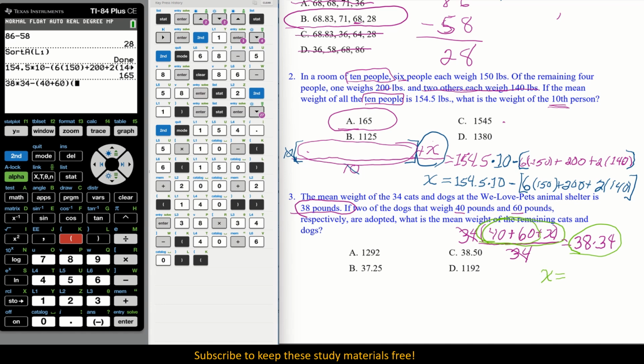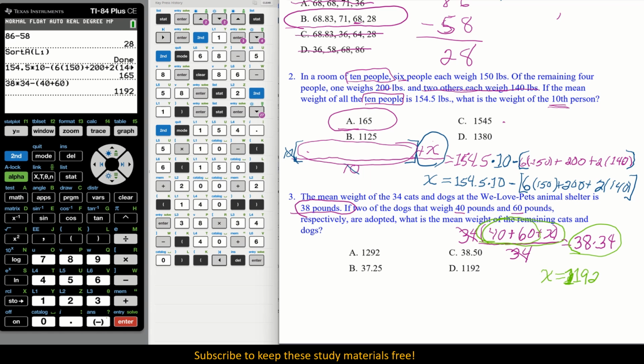Okay, this is just simple algebra manipulation. So this we should be able to do. Uh-oh. Let's delete that. Now we need to push enter. And that's going to give us 1,192 pounds.